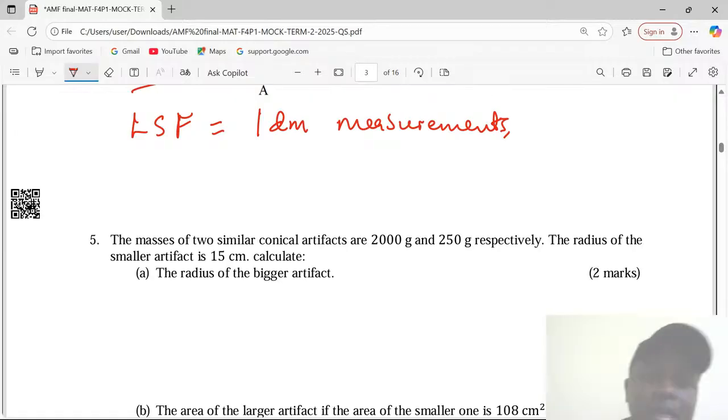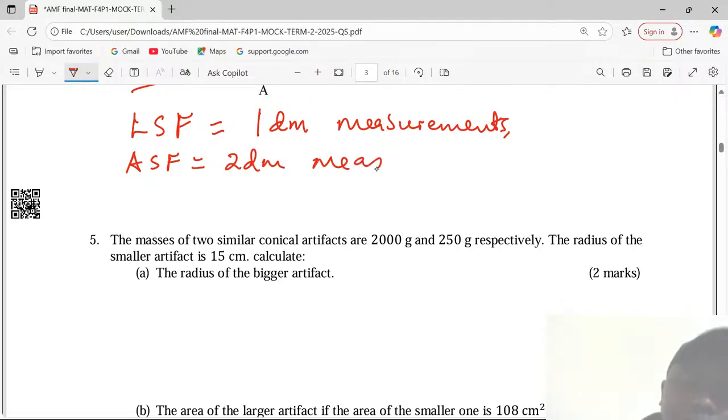Then area scale factor is given by two-dimensional measurements. These include area, base area, surface area, curved surface area, anywhere where area is mentioned. Just know that we are talking about area scale factor.